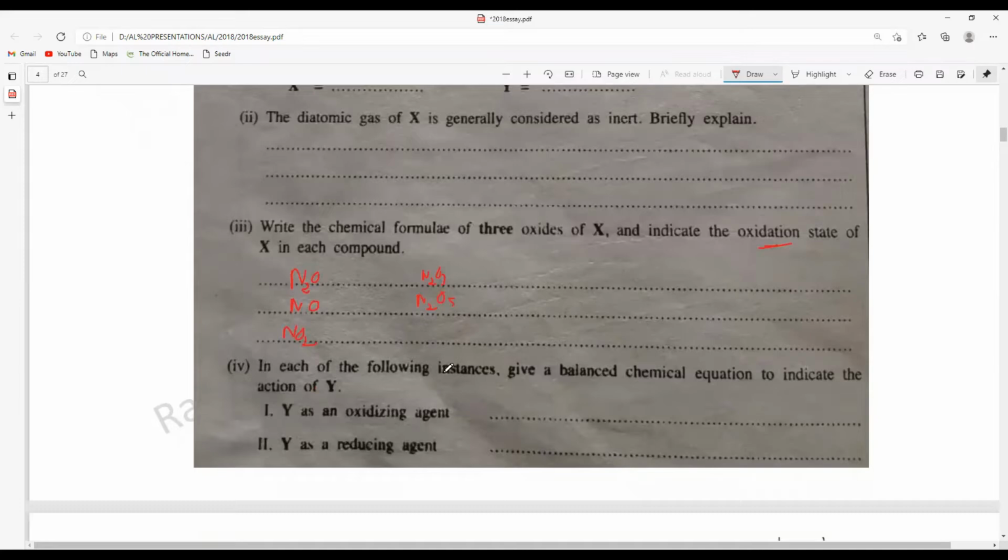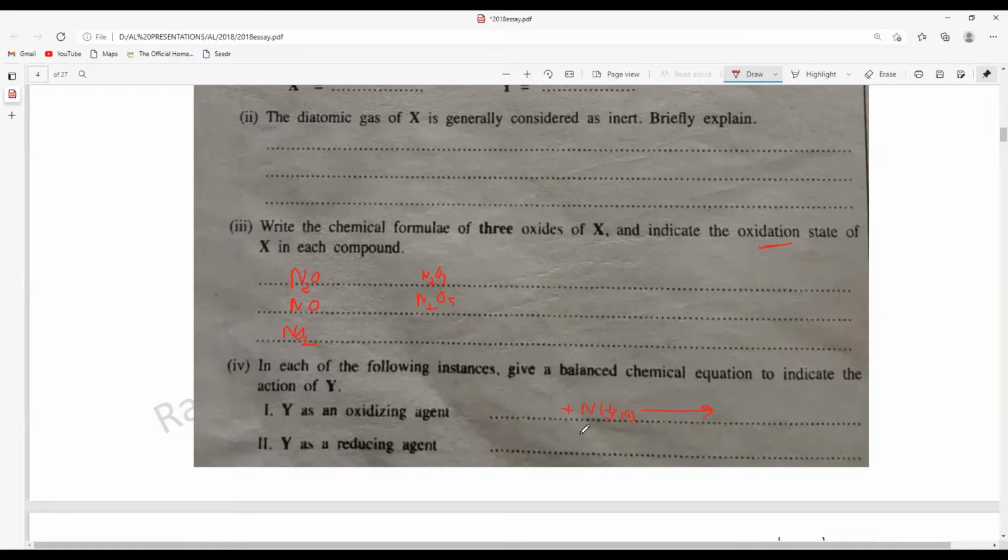Right, so in each of the following instances, give a balanced chemical equation to indicate the action of Y. So Y as an oxidizing agent. So this means Y oxidizes something, okay? So can you remember a reaction of Y, which is our ammonia, with something that is going to be oxidized?